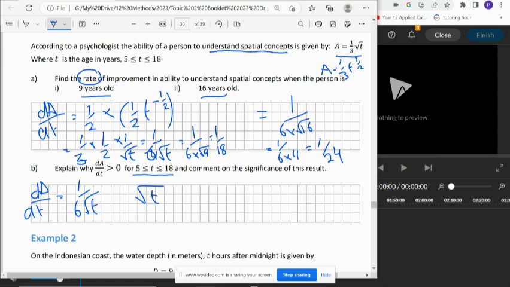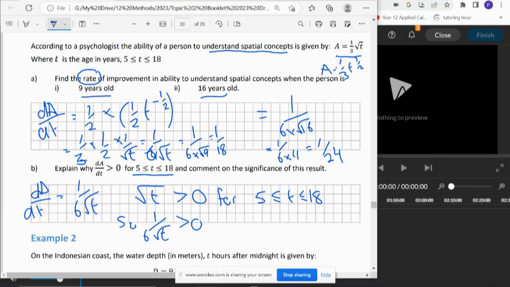The square root of 18 is positive too. So we can actually say, look, the square root of t is greater than 0 for all those values that they've actually listed. So this would also be positive because 1 on 6 is just 2 positive bits of it and they don't change it. So that will be true.